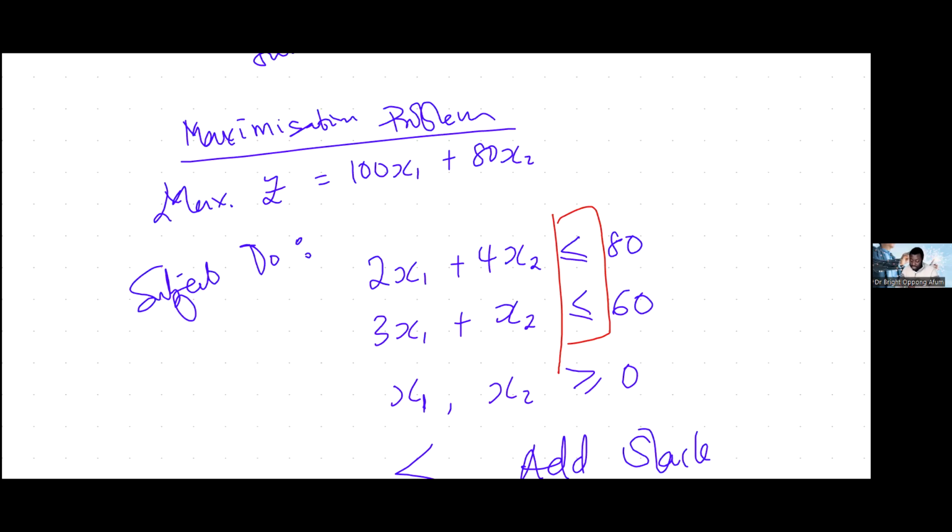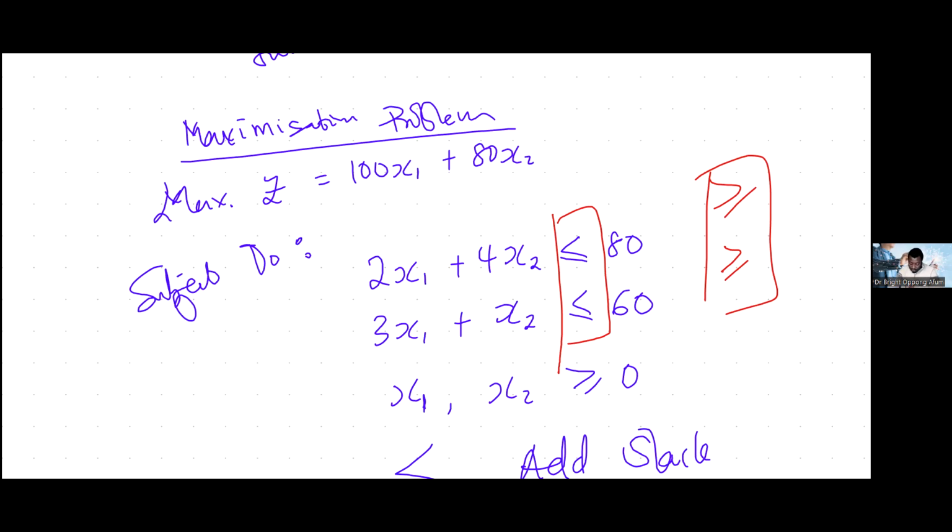And if it is minimization, it is the opposite: the left-hand side would always be greater than or equal to the right-hand side. So that's why, when we're developing the linear programming model, we try to maintain this standard.